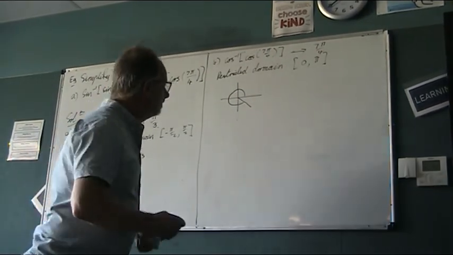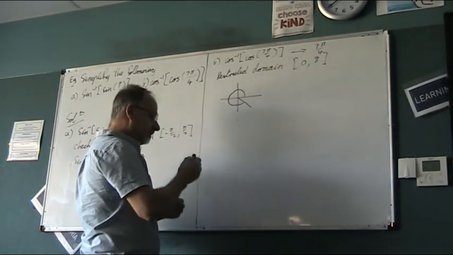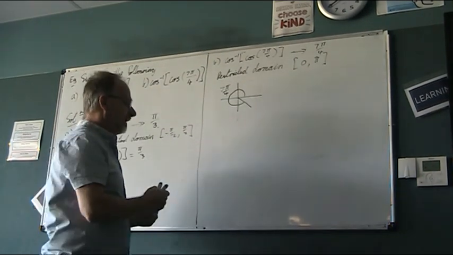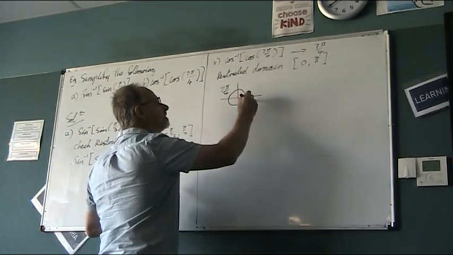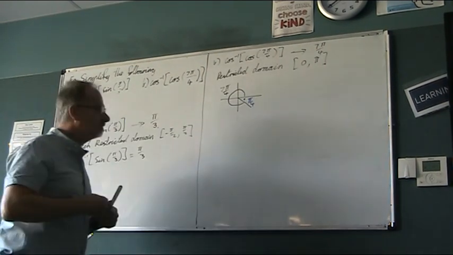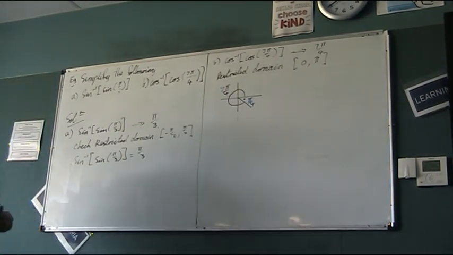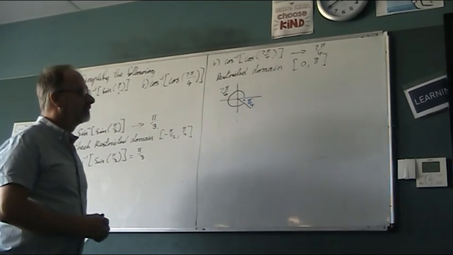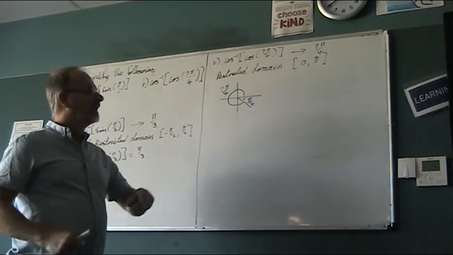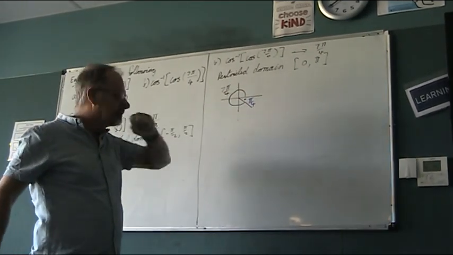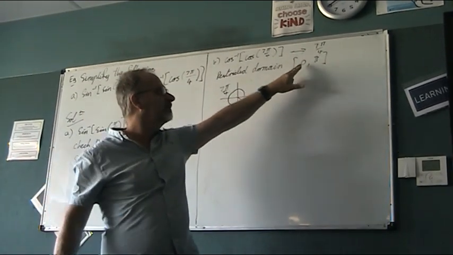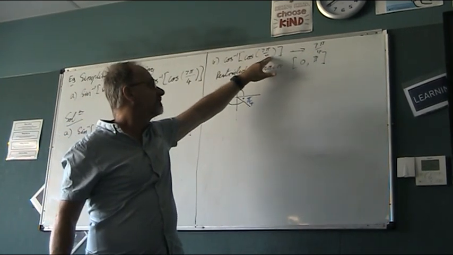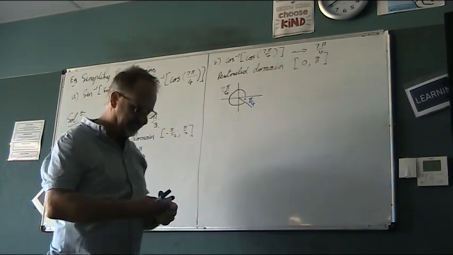That's 7 pi on 4. And this angle down in here then is pi on 4. So really what we are looking for is an angle between 0 and pi that will have the same cos value as 7 pi on 4.